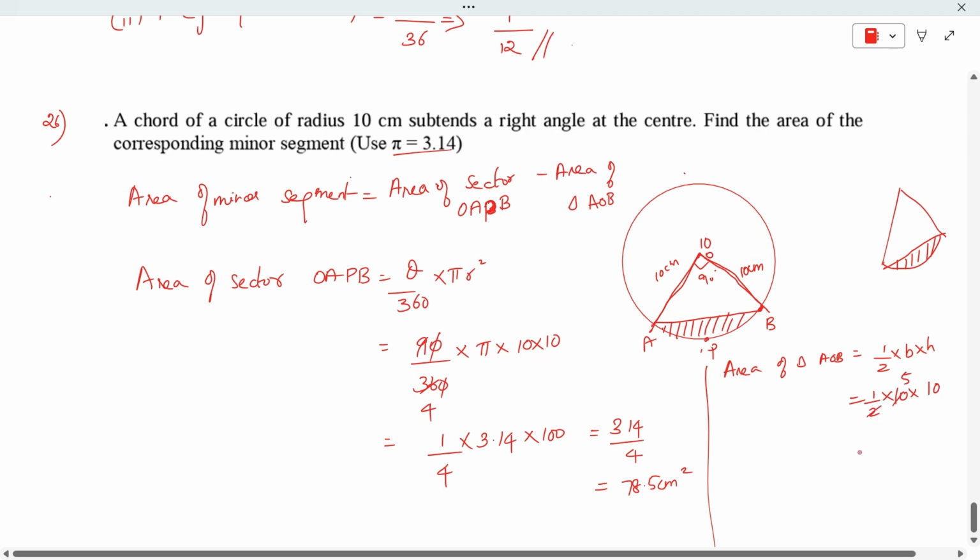If you cancel, you will get 50 centimeter square. Now substitute 78.5 and 50 in the formula. Area of minor segment is 78.5 minus 50, which is 28.5 centimeter square. So this is your answer.